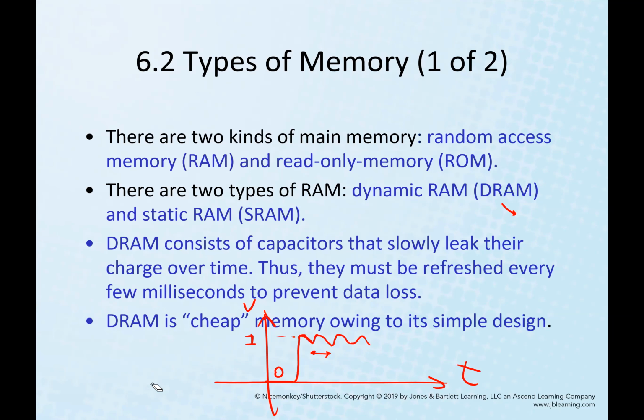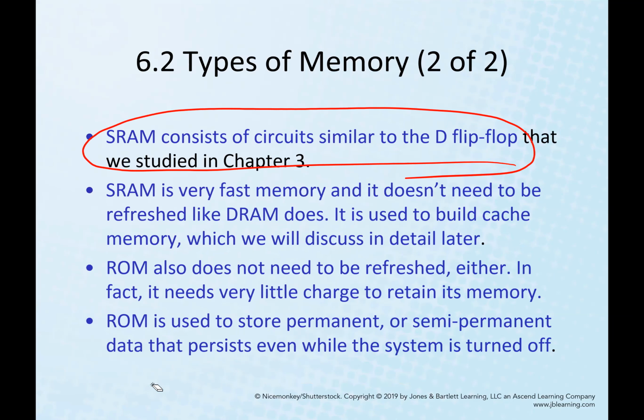Okay, so let's move to SRAM. SRAM consists of circuits similar to the flip-flop, which we know how they work, and it is very fast. And as I mentioned a few minutes ago, it doesn't need to be refreshed. But what is the disadvantage of this RAM?